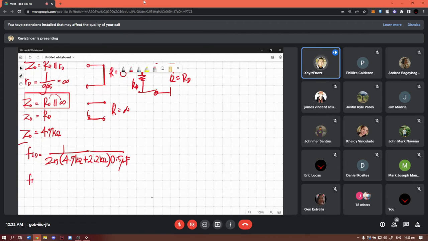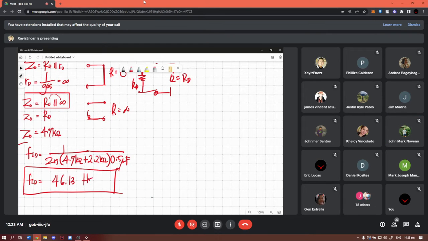So, ilan si FLD? Okay, compute. 46.13 hertz.